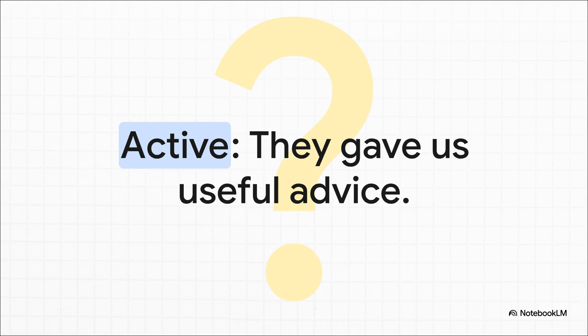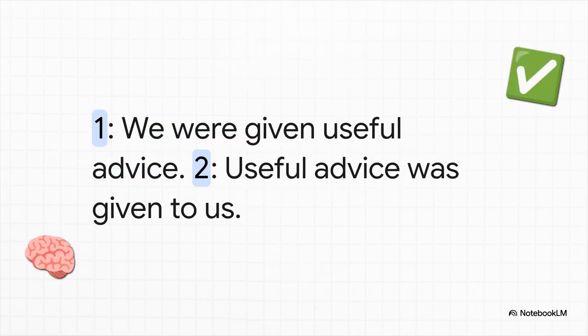How would you elevate this somewhat informal sentence using our ditransitive passive rules? Again, think of Type 1 and Type 2. Here are the solutions. For Type 1, "we were given useful advice." And for Type 2, "useful advice was given to us." These answers perfectly showcase how "we were given useful advice" stands out as the cleanest, most professional option by far.